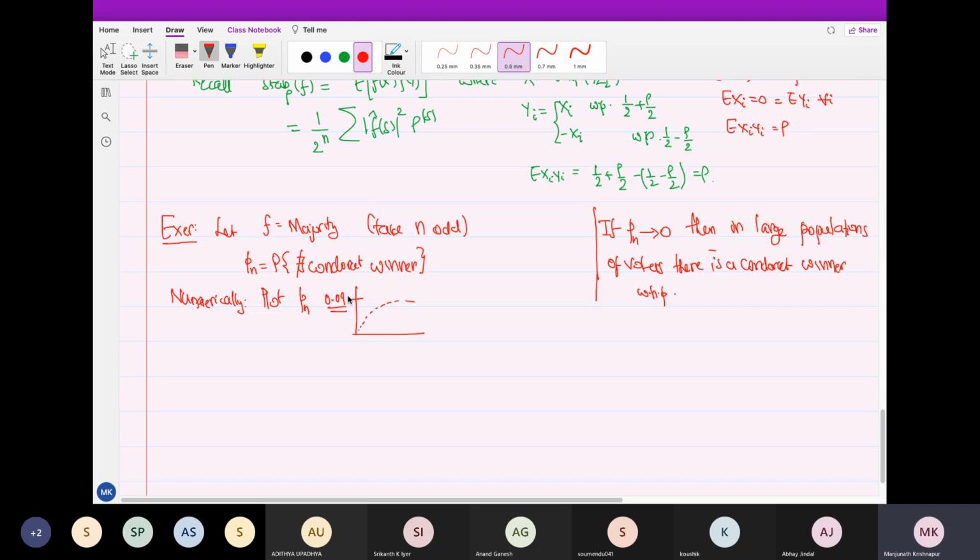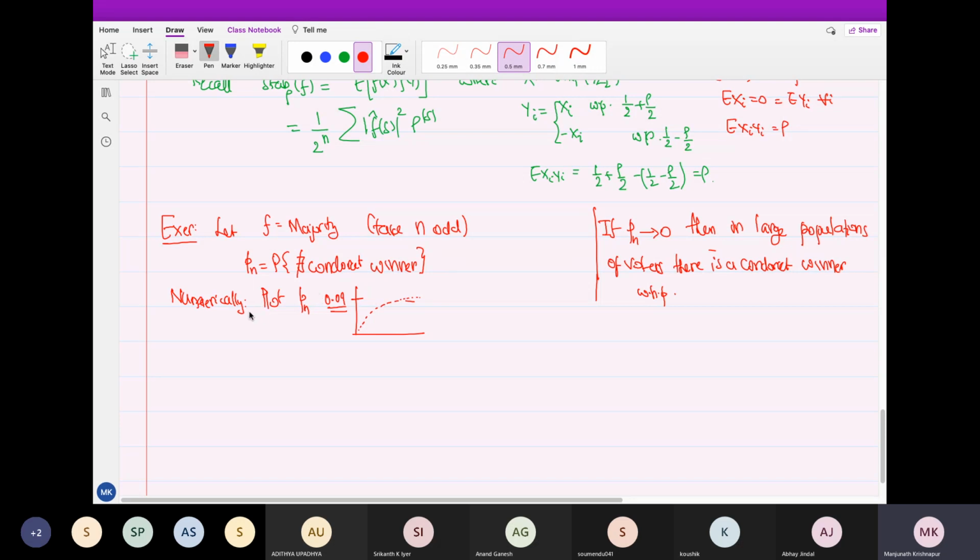So not having a Condorcet winner is not only not going to 0, it is actually increasing, but you plot it and see that it will converge to a number close to 0.09. It's maybe a little short of it. So it's actually a serious conclusion. I mean, the majority function will not work.